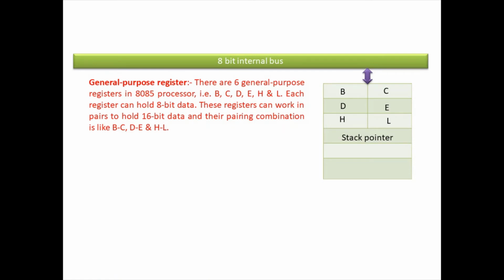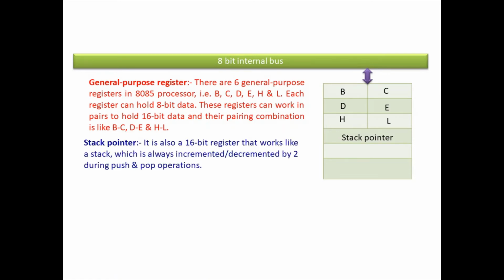Next comes the stack pointer. A stack pointer is a 16-bit register which works for the stack. It always increments and decrements by 2 during push and pop operations. The next important register is the program counter.